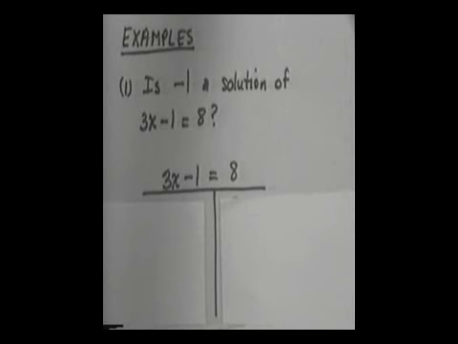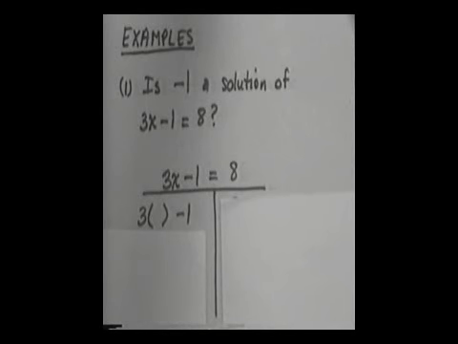Now what we'll do is copy the 3x subtract 1 as 3 times an unknown expression subtract 1, that is 3 times a set of parentheses to receive the x value, subtract 1.